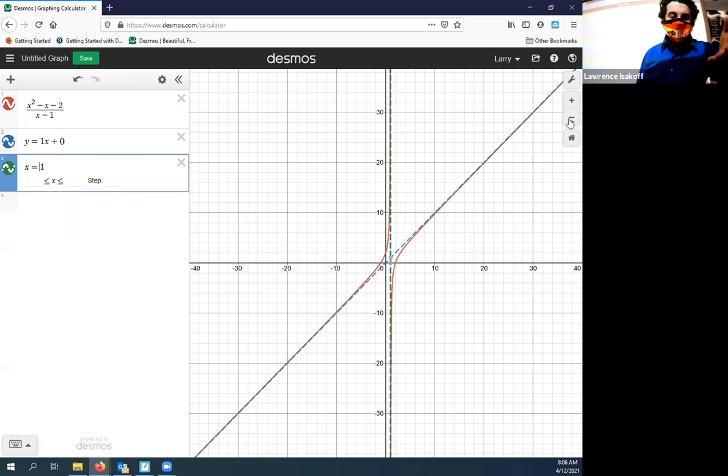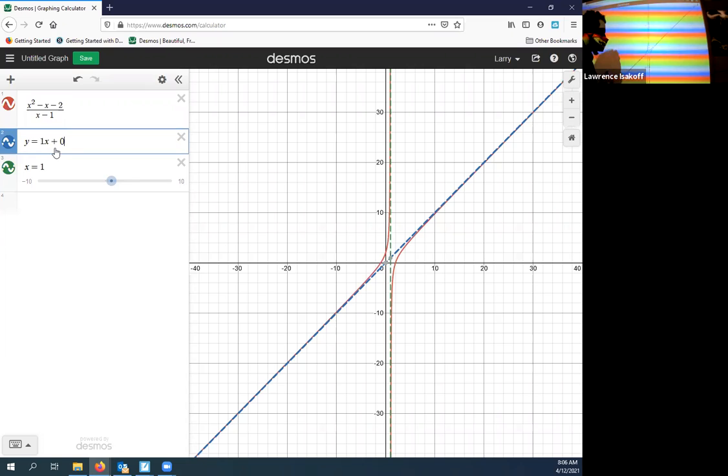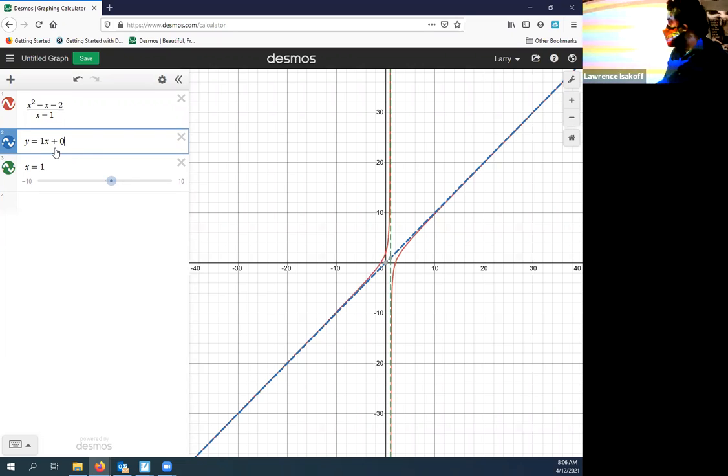So what's happening here, just to get a little deeper into this, is when you divide them, it's essentially saying that this equation here, when you divide, is 1x plus 0 with a very small remainder. The remainder is causing the funny activity in the middle around the vertical asymptote.